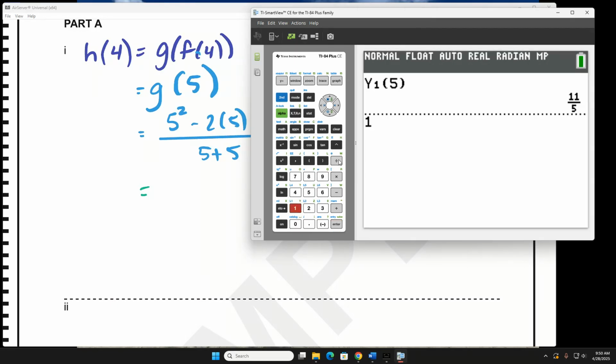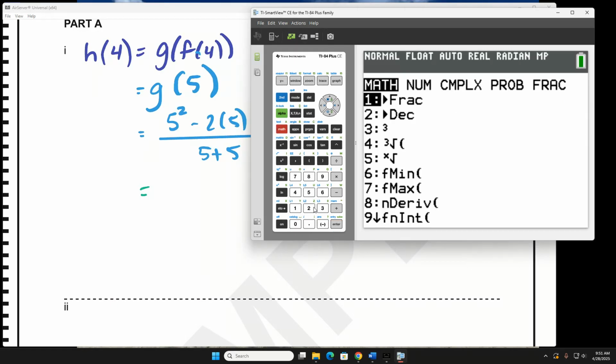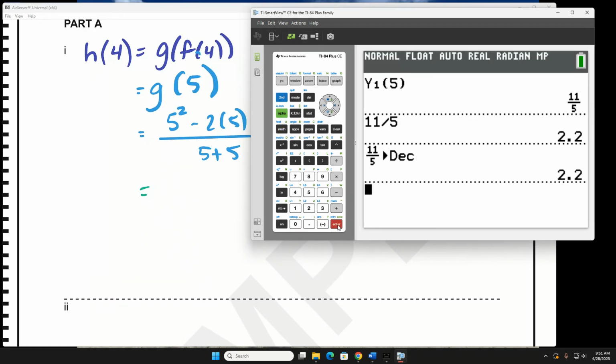You can just take 11 and divide it by 5, or you can take that fraction and turn it into a decimal by doing math and then choosing number 2. Up to you. 2.2 is going to give you full credit. 11/5 is going to give you 0, unfortunately. So we want decimals here.